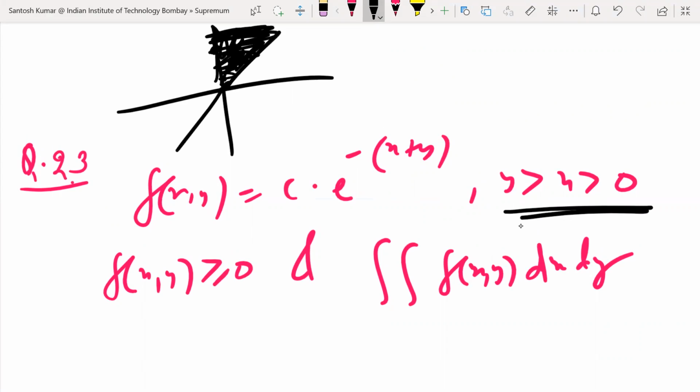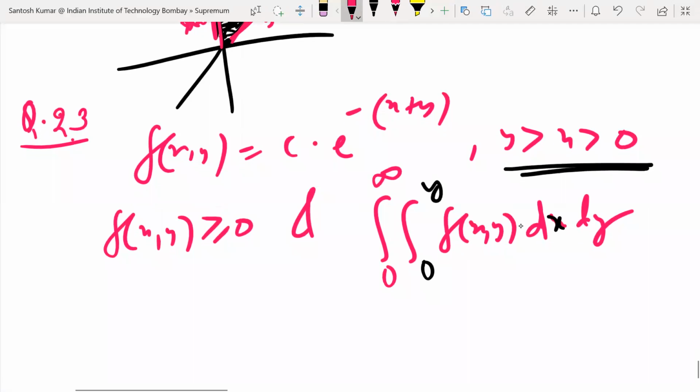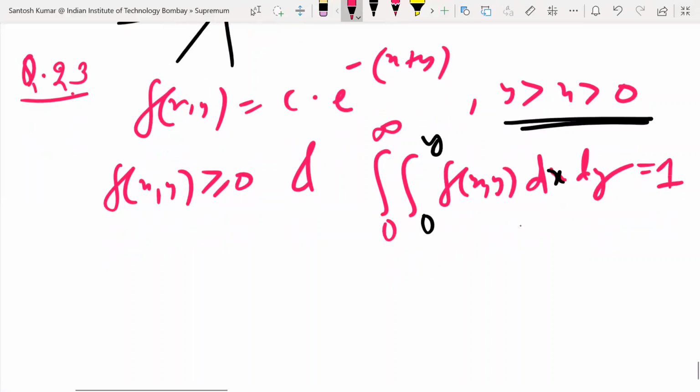If we take the limits, x goes from 0 to y, and the strip can move from 0 to infinity. So this must be equal to 1 for this particular question.